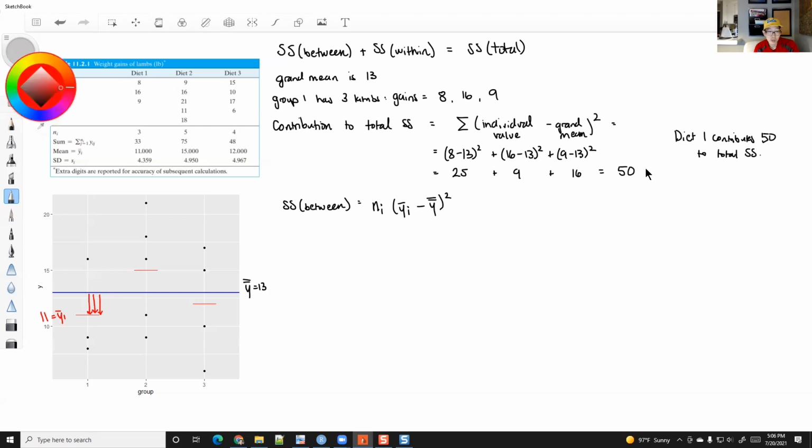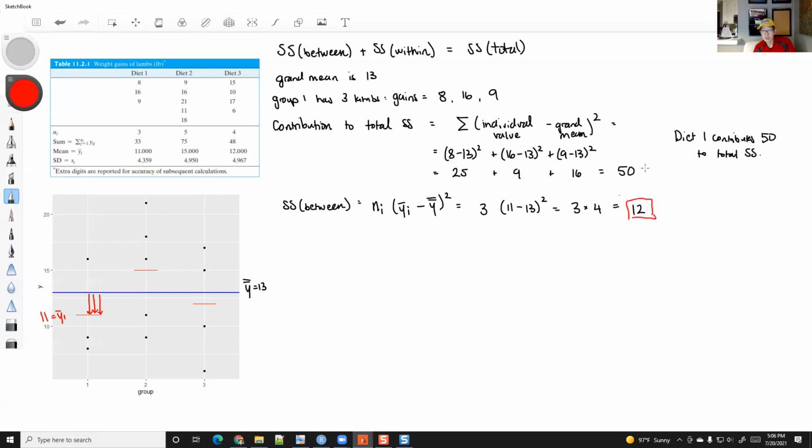Group 1's mean is 11, the grand mean is 13, so the difference is 2, and we've got 3 observations in group 1. So 3 times 2 squared, or 4, gives a sum of squares between of 12.